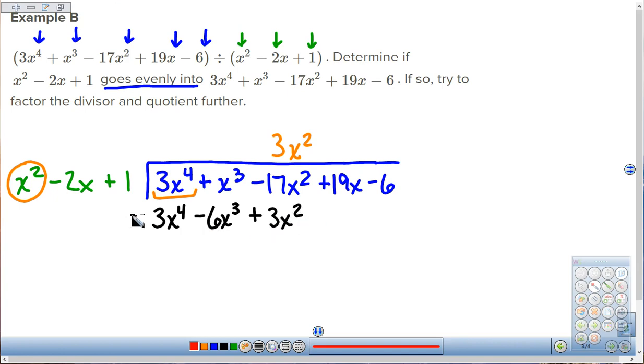Remember, I'm subtracting, so I'm going to change every sign and then work downward. 3x to the 4th minus 3x to the 4th, that's nothing. X to the 3rd plus 6x to the 3rd, 7x to the 3rd. Negative 17x squared minus 3x squared, negative 20x squared. Bring down your new term.